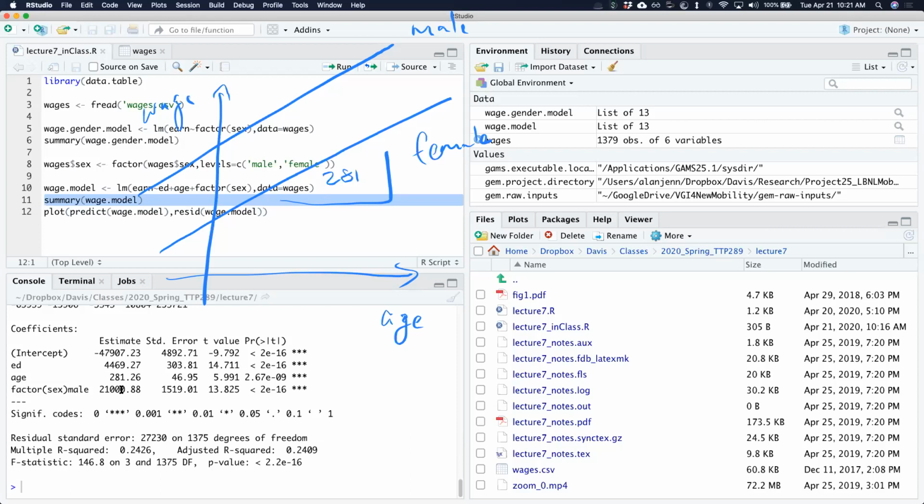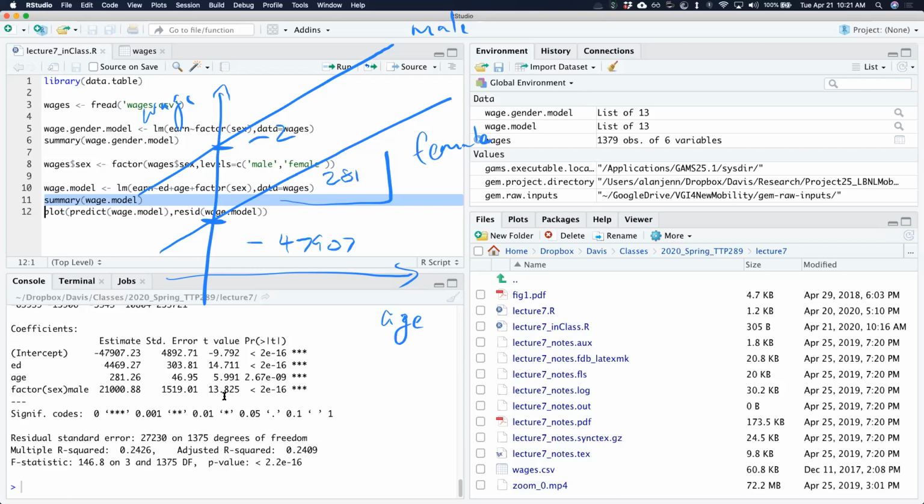But if we look at the intercept, then the female would start at a negative 47907 salary, and the male would start at negative 47907 plus 21,000. So it would be, let's see, negative two. We're going the other way.